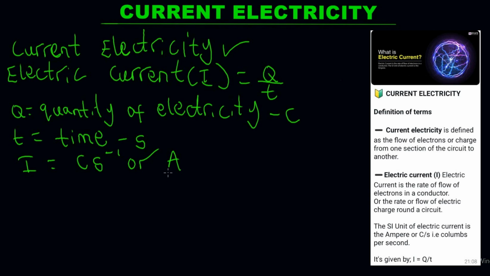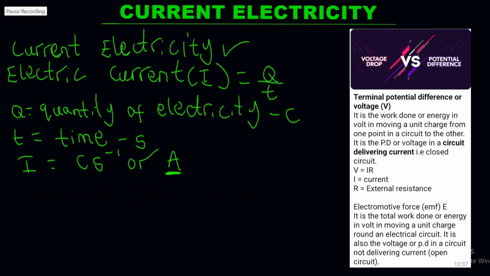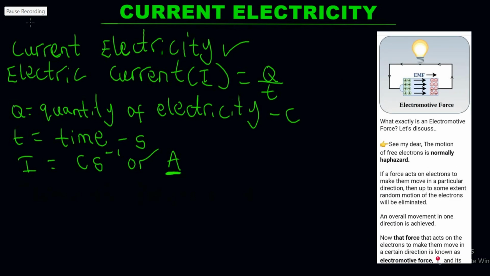Amperes is the most common one I must have been saying. Okay, moving on, we also have what we call the terminal potential difference, or your voltage, and then our electromotive force, E.M.F. Let me just write this down.